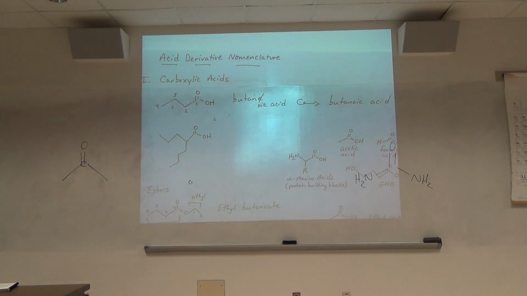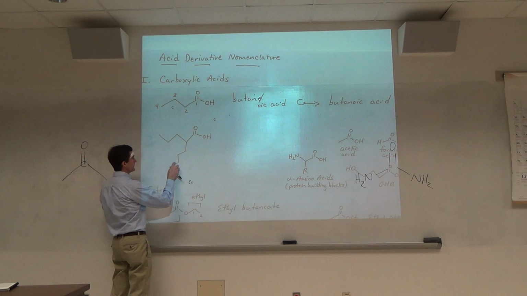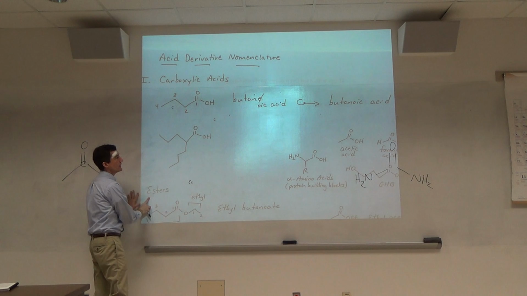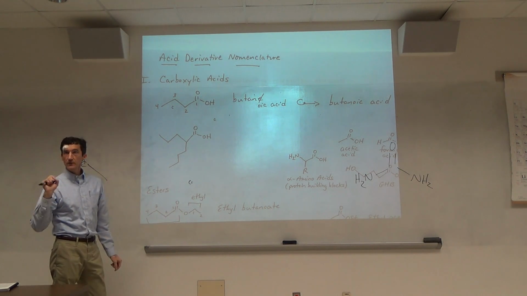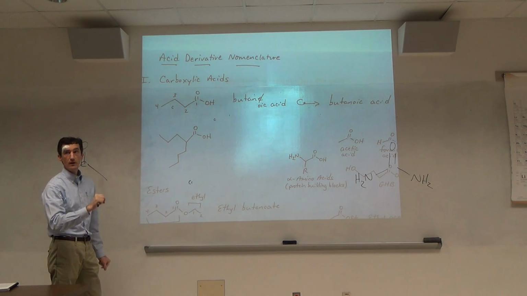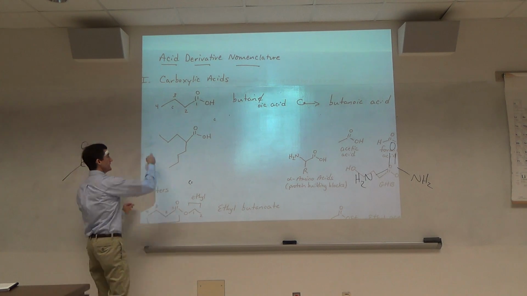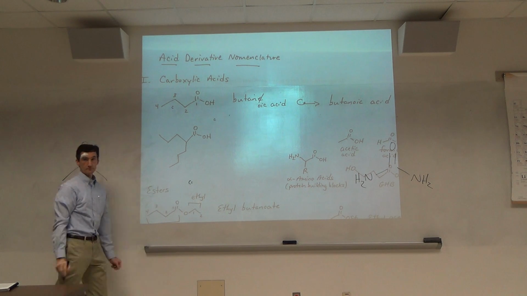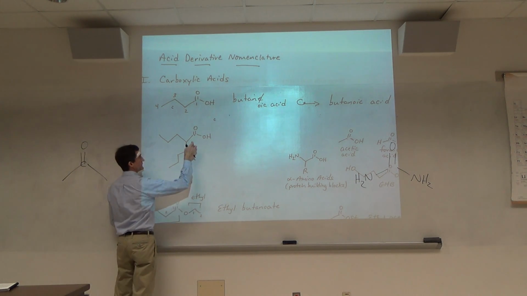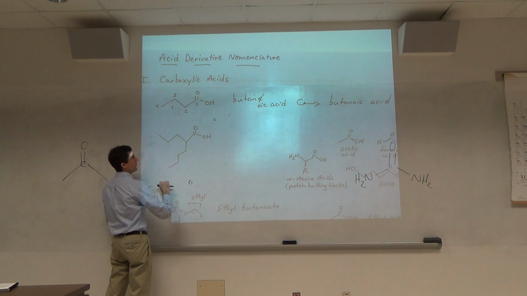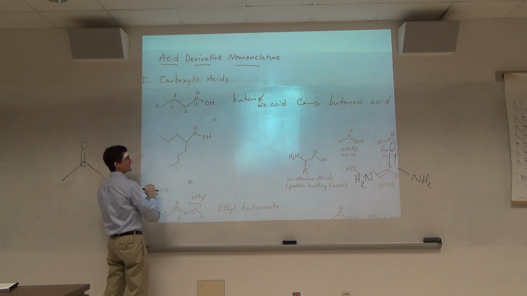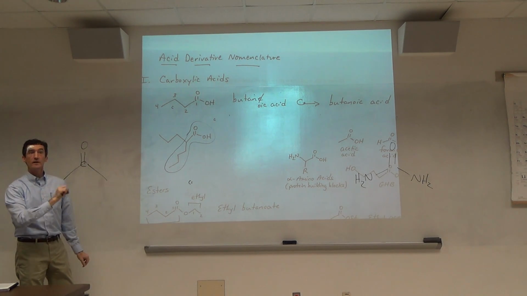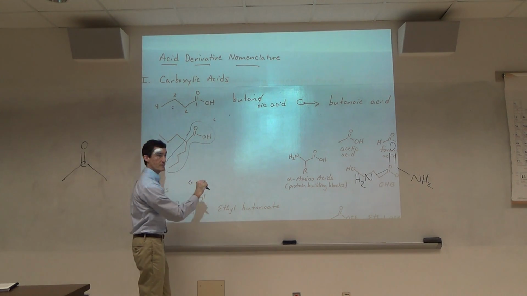Let's name this guy down here. Longest continuous chain. 1, 2, 3, 4, 5, 6, 7, 8. No. It's not stated here, but the carboxylic acid needs to be in your longest continuous chain. So you can't say 8 and that'd be outside. You might as well start right there as 1. From there, what's the longest continuous chain? 1, 2, 3, 4, 5, or 1, 2, 3, 4, 5, 6. 6 is longer than 5. Right?